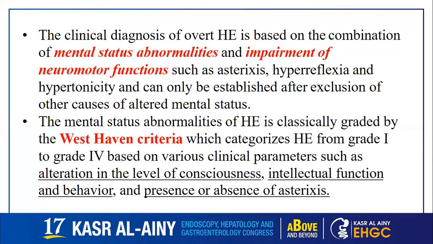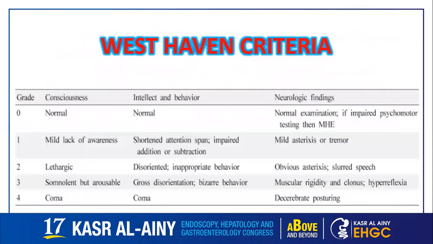Of course, it was classically graded by the West Haven criteria, which categorizes hepatic encephalopathy into grades from 1 to 4 based on various clinical parameters like alteration of the level of consciousness, intellectual functions and behavior changes, as well as the presence or absence of asterixis. Those are the old West Haven criteria, grades from 0 to 4.